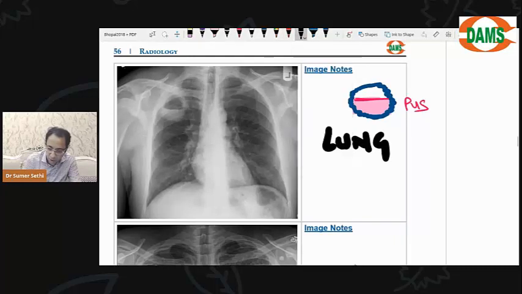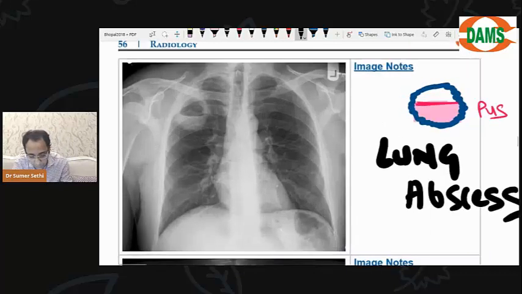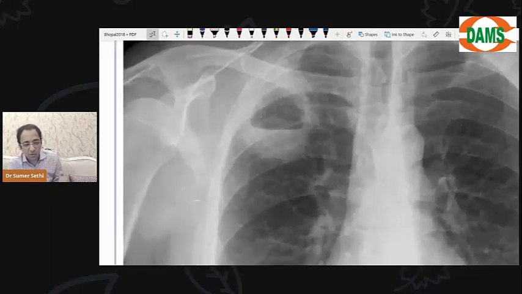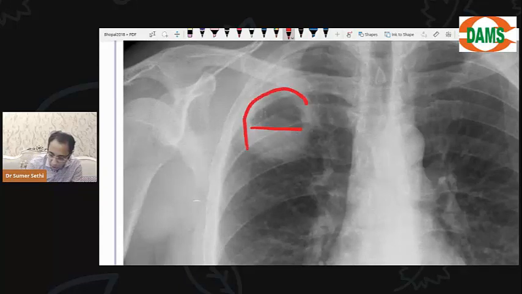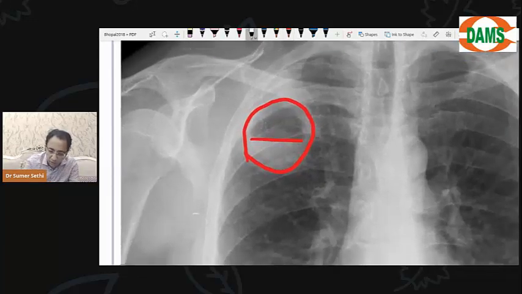It is difficult to differentiate between a cavity and an abscess, but the most important feature of abscess is that in the center you should have liquid, you should have pus. So you should see an air fluid level.